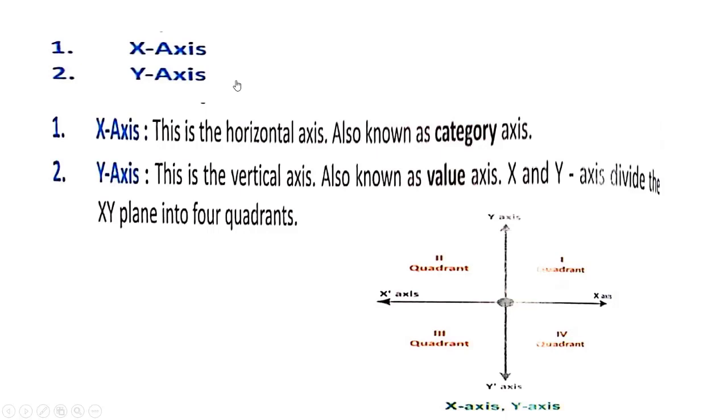X-axis is also known as horizontal axis and we call it the category axis. Second is y-axis. Y-axis is also known as value axis. And remember that in maths you must have read this, that x and y axis divide the xy plane into 4 quadrants.